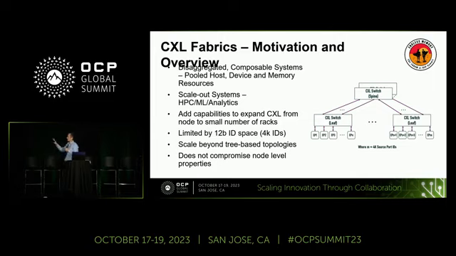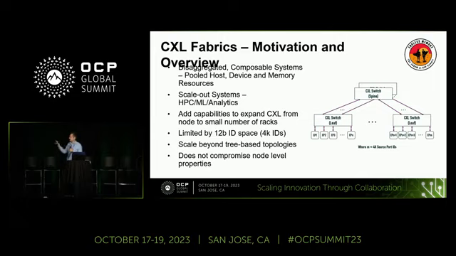So these disaggregated composable systems are really a target use case. We see that as the future for memory deployment in data center and enterprise, where you have a pool of hosts, device, and memory resources, and you can dynamically compose a hardware system from that. So that was definitely an important priority for us to be able to address.